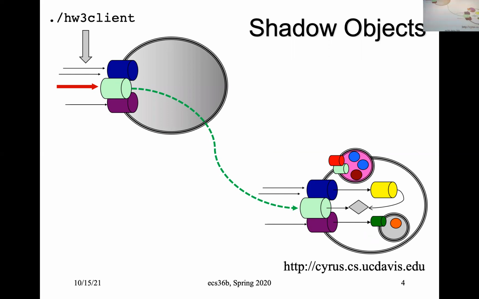Remember what a virtual function is. At the time the object is created, its class type determines the behavior of that function called getDistance. That's the definition of a virtual function: we determine it at creation time.